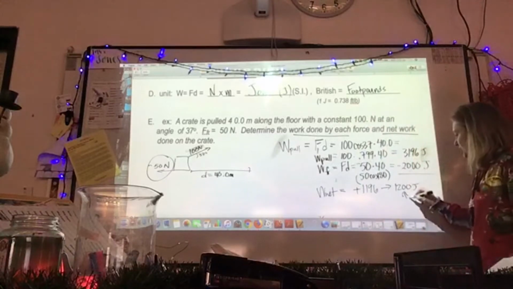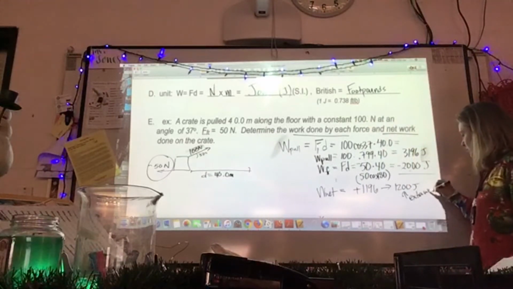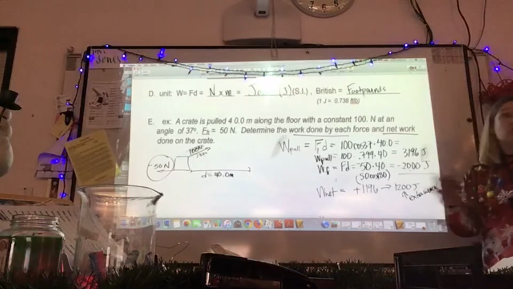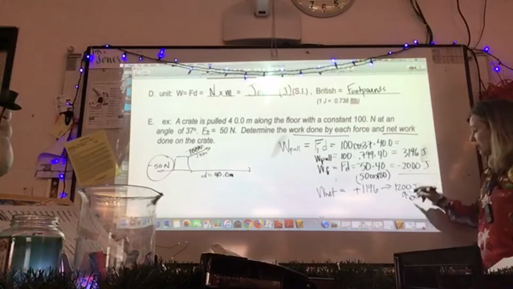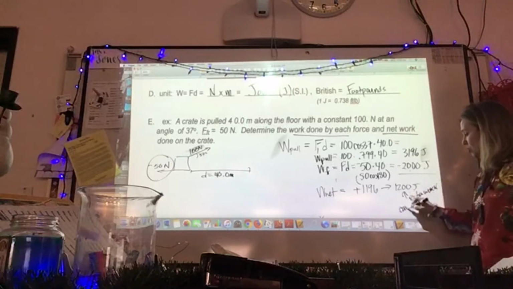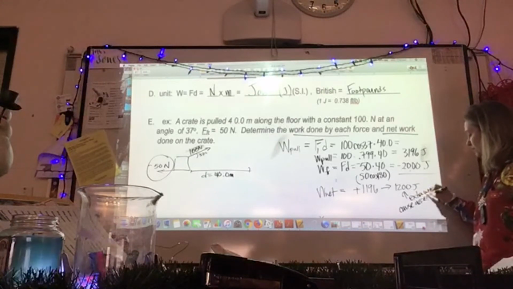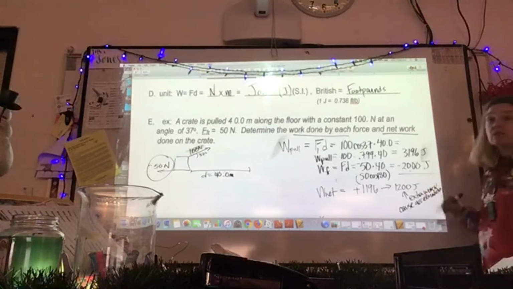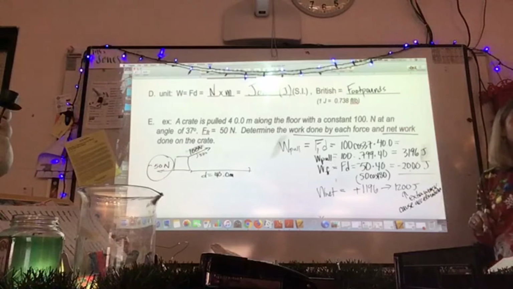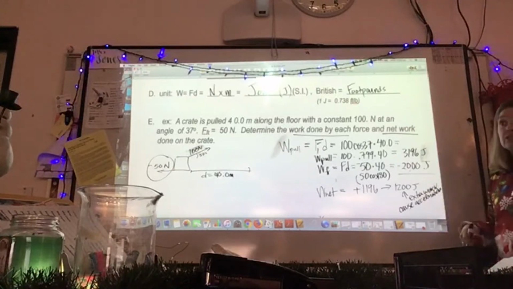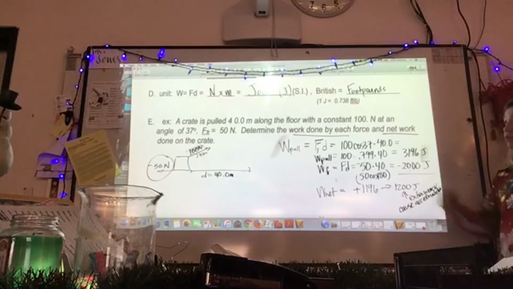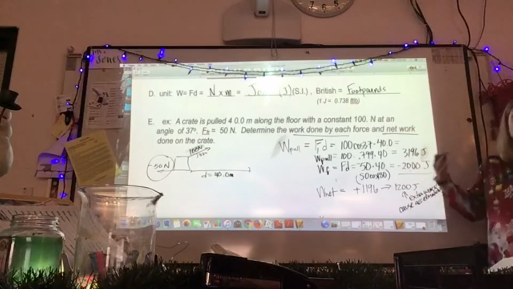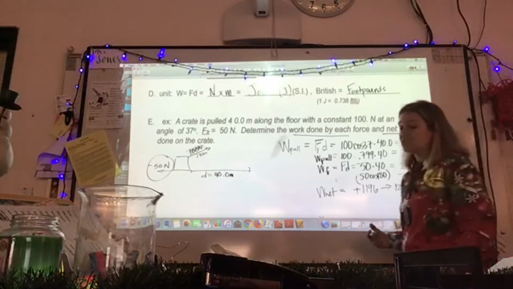We did extra work, and it can't be wasted. That extra work will cause an acceleration, which we'll deal with later. We'll figure out how to turn that energy into movement. We're not there yet, but you can see what the options are now.